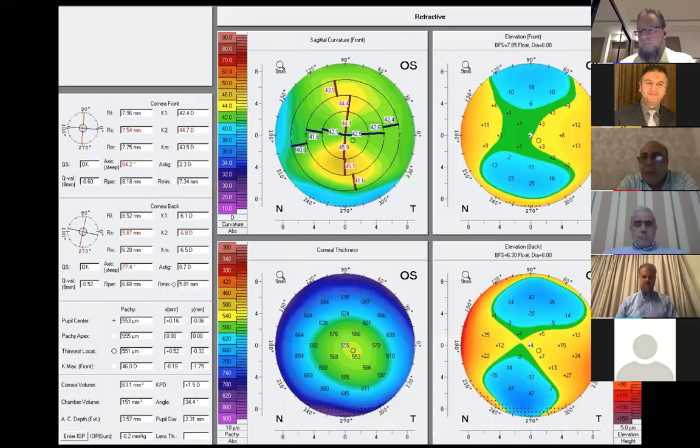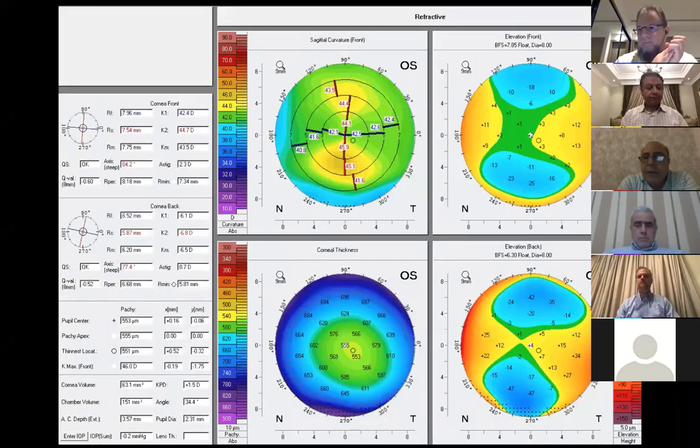I think the mesopic pupil is 5, so you can do 6 or 6.5. Let us talk about 6.5. It will be 45 plus the 120 of the flap, so the total will be 165. If you divide 165 by 550, it's still less than 40%. You are safe.